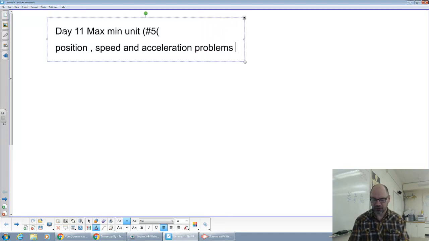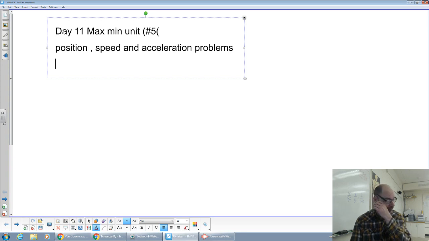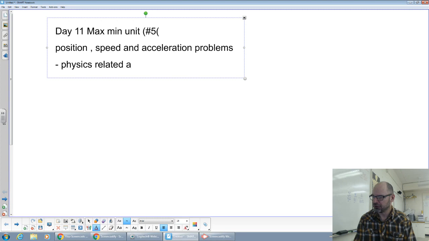So this is really kind of like related rates, but not the same thing that we were doing in the distance ones, the sphere ones, and the cone ones that we did. This one deals with position, speed, time, and acceleration. Basically, we're going to be looking at physics-related application to the derivative.